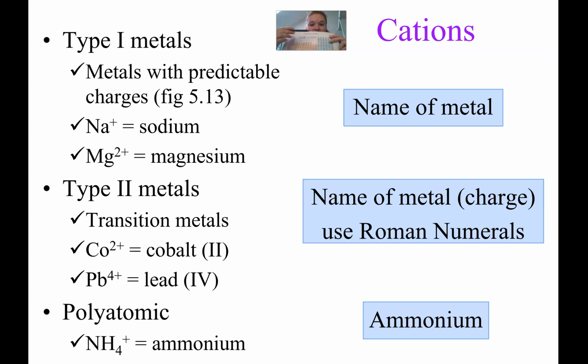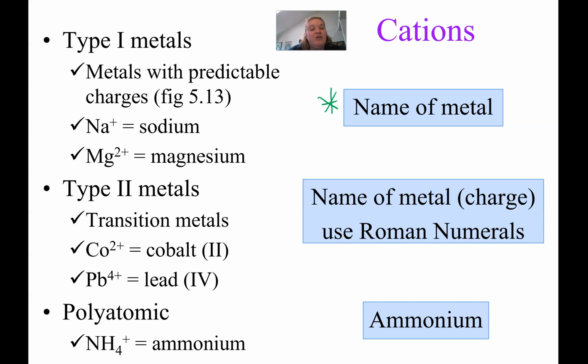As we go across our row there, those are the predictable charges that this is referring to. If we have a type 1 metal, its name is its name, meaning there's nothing to change. That's the easy one.